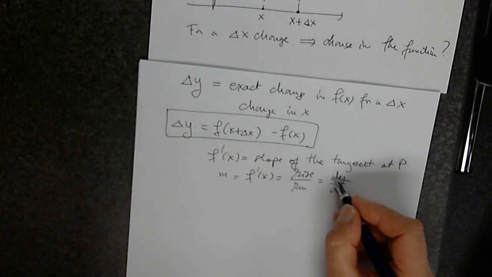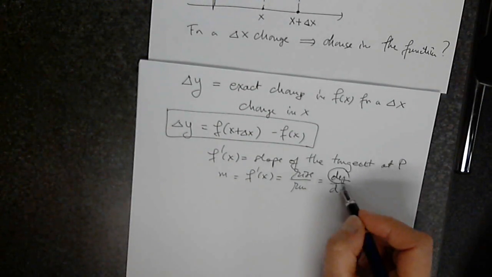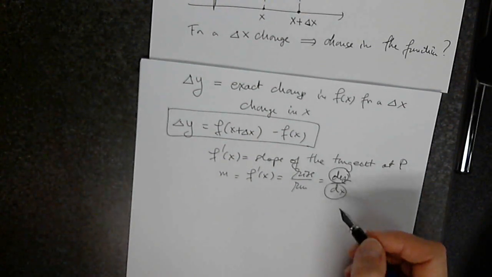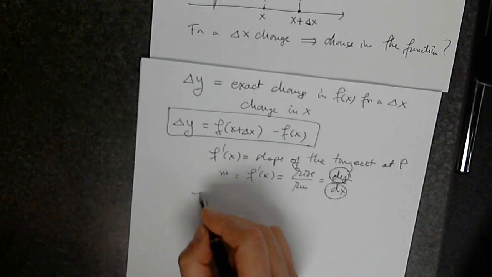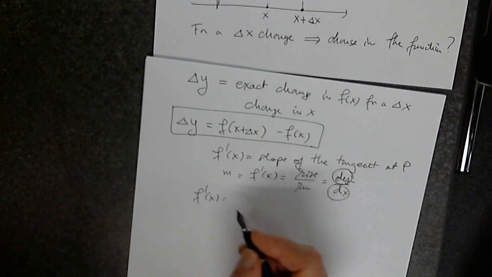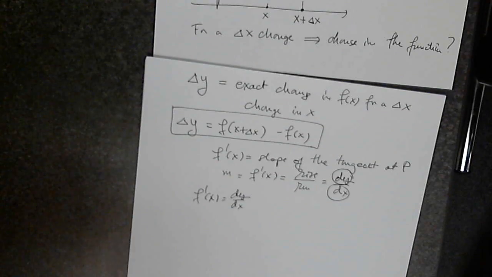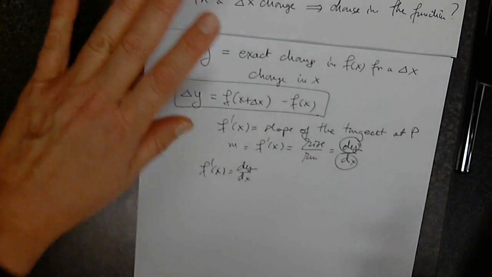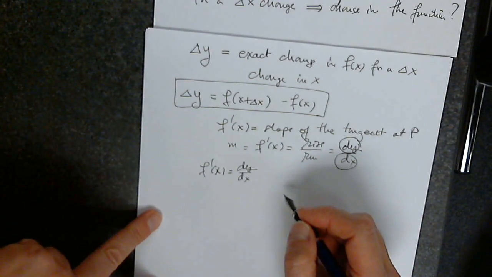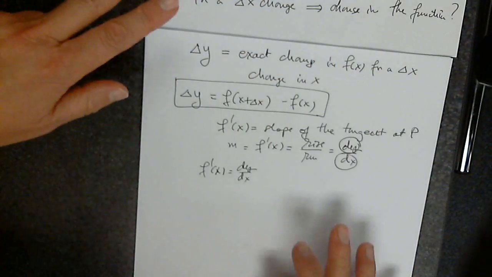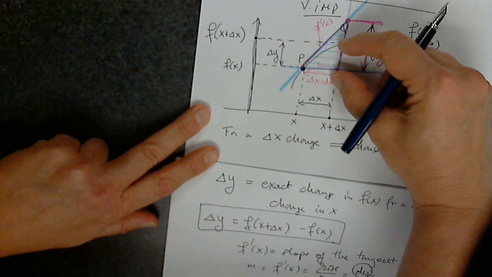But when we were using the notation, we didn't know that this has a significance and this has a significance. We only thought, oh, okay, I can replace f prime of x by dy over dx. It turns out now that dy has a meaning. It's not called the exact change because the exact change is not this. This is the exact change, right?